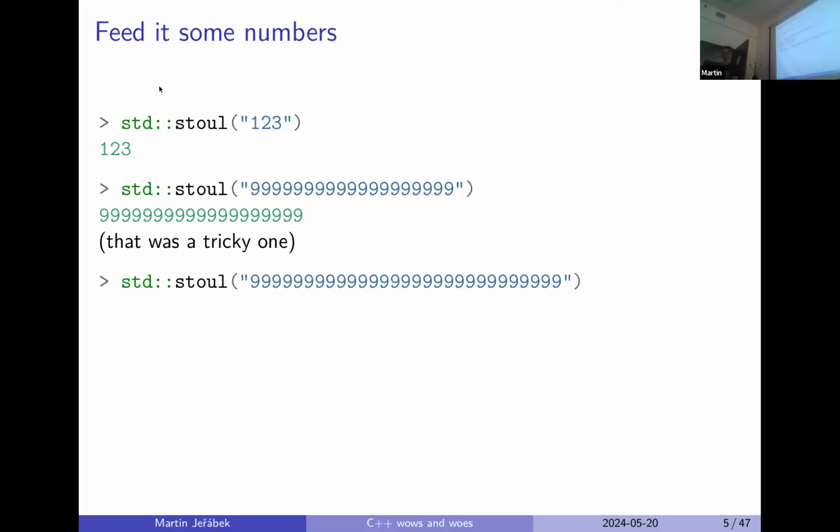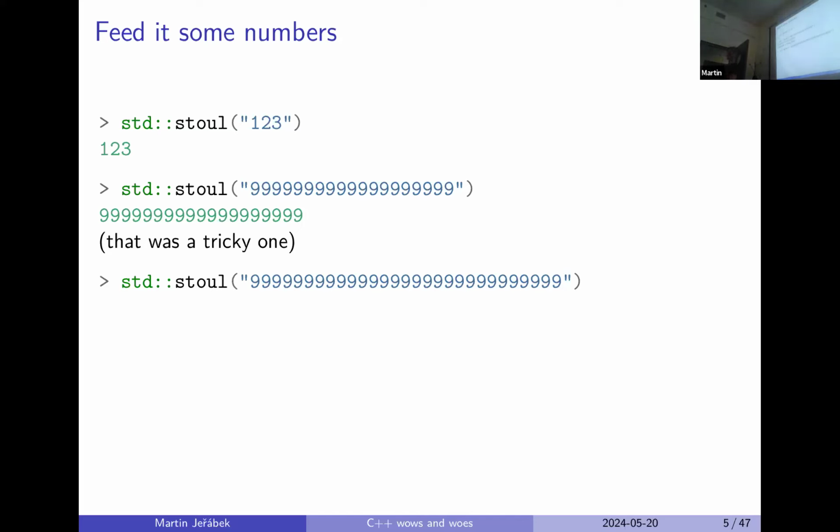But I promise this one is bigger than 2 to the power of 64, so what will happen now? It should throw an exception. Why is it platform dependent? Because you don't know if unsigned long is 128 bits. Right, but if it's 2 to the power of 32, it's still out of range, right?